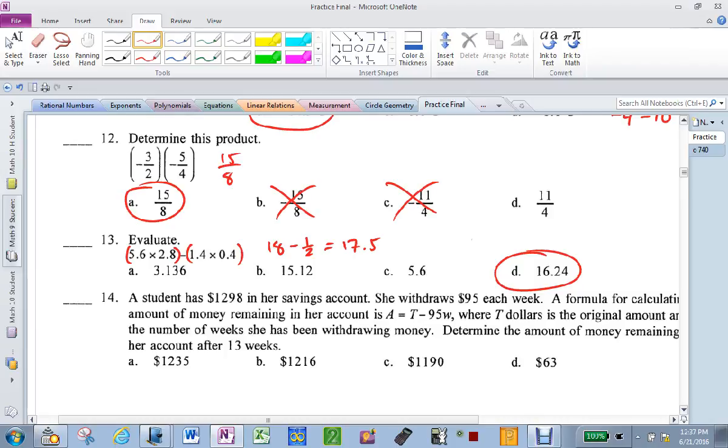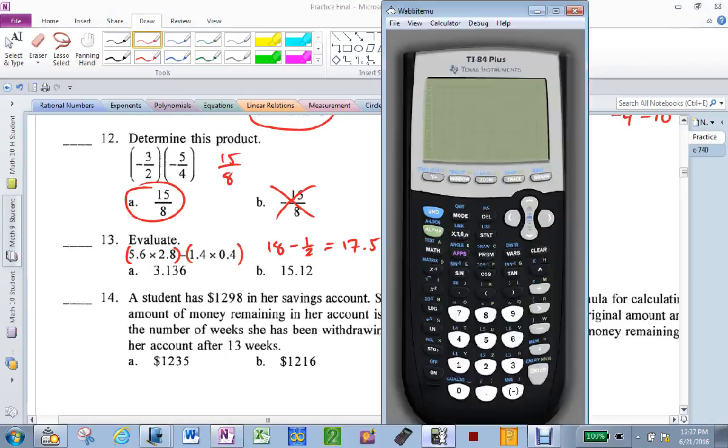And is that the fourth? Well, let's just check, shall we? Shall we? 5.6 times 2.8. 5.6. 0.6.